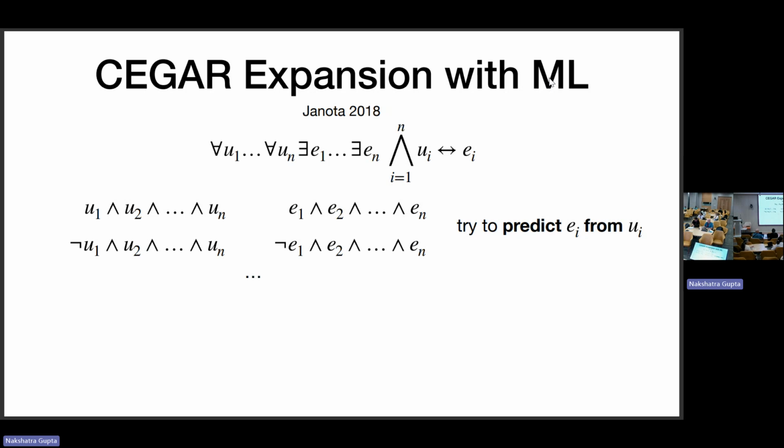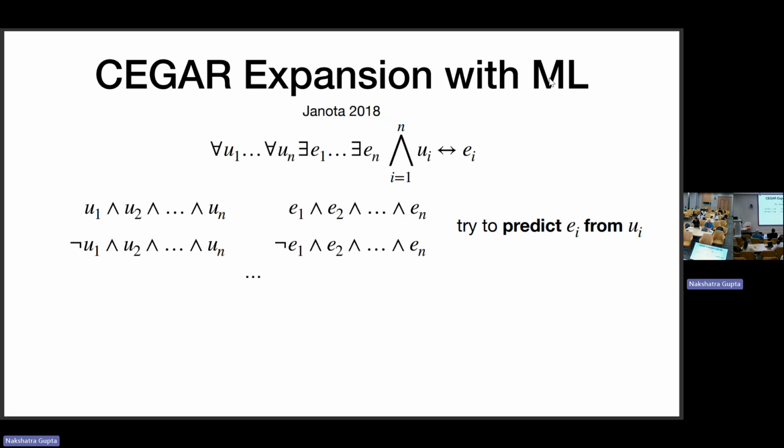In any case, you're not guaranteed that you get just the right classifier here. But what you can say as a universal player is, regardless of what strategy the existential player is playing, I have to have some response against it, right?